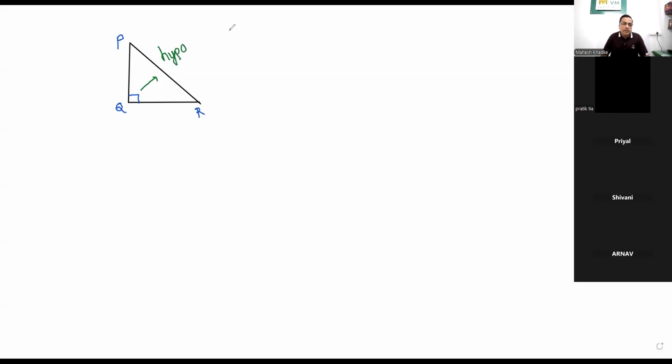And in Pythagoras theorem, the statement is: in a right angle triangle, the square of hypotenuse is equal to sum of square of remaining two sides, means first side square plus second side square.